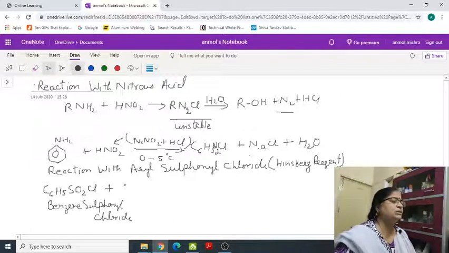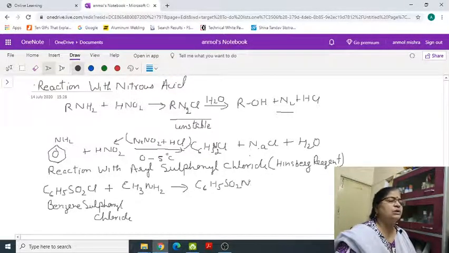Benzene sulfonyl chloride reacts with primary amines, that is CH3NH2. It will form C6H5SO2NHCH3.